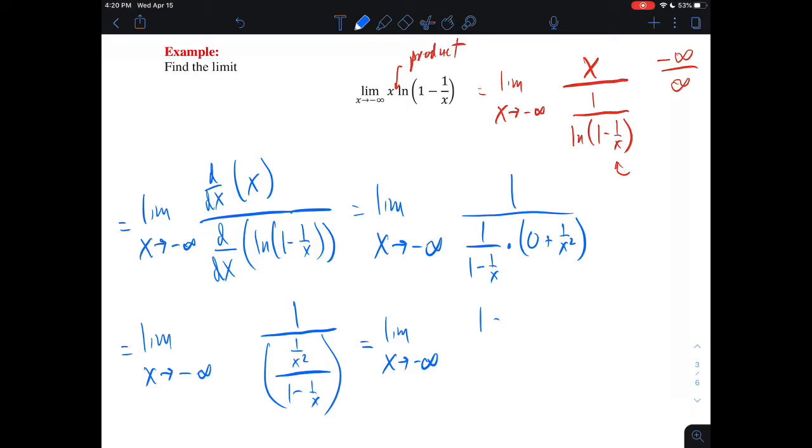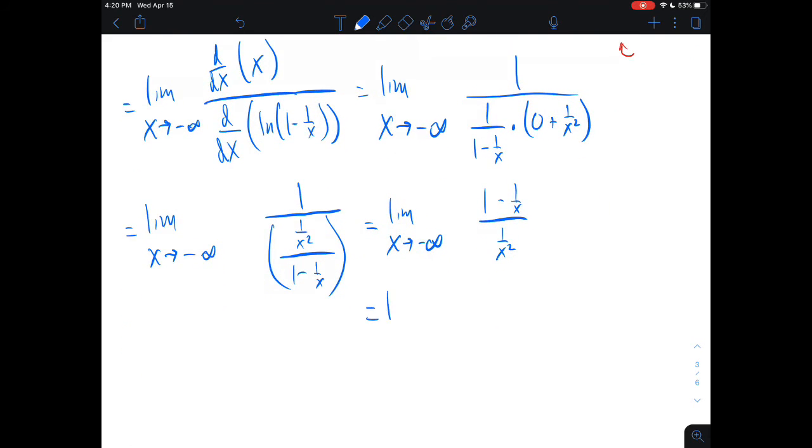This turns into 1 minus 1 over x divided by 1 over x squared. And again, I can simplify even further because dividing by 1 over x squared, that's the same thing as just multiplying my numerator, 1 minus 1 over x, by the reciprocal of 1 over x squared, which is x squared over 1. So now when I distribute, I get x squared minus x.